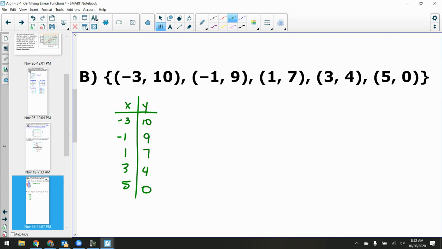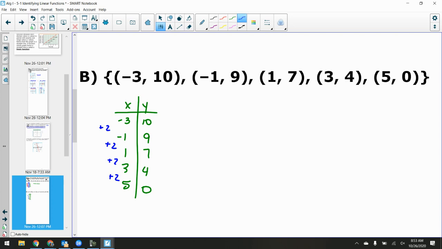So my X change is constant. I go +2, +2, +2, +2. Yeah, my X change is constant. Going from -1 to +1 is a +2.